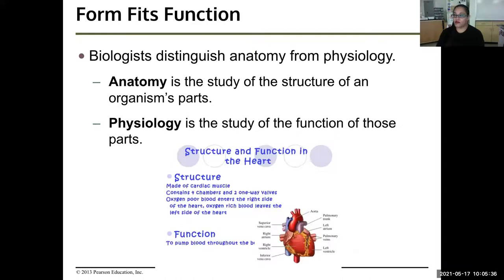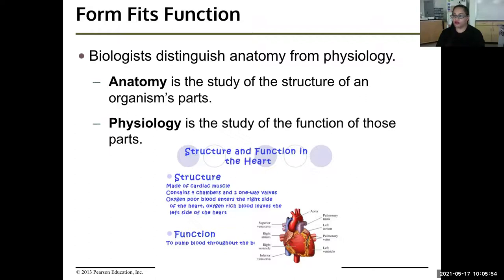Biologists distinguish anatomy from physiology. Now, this is a whole another class if you want to take it next year. You get to dissect a lot of things in anatomy and physiology. But anatomy is the study of the structure of an organism's parts, and then physiology is the study of the function of those parts.